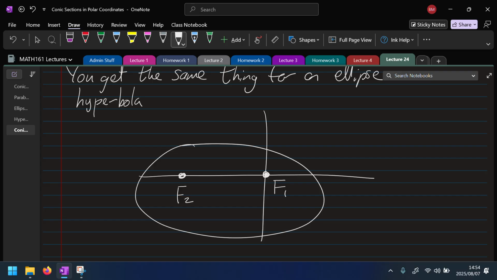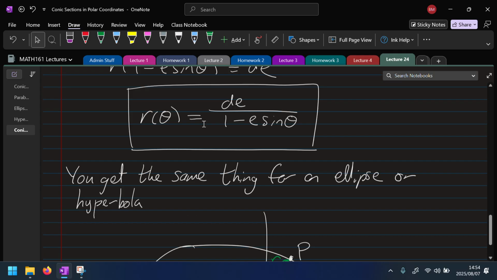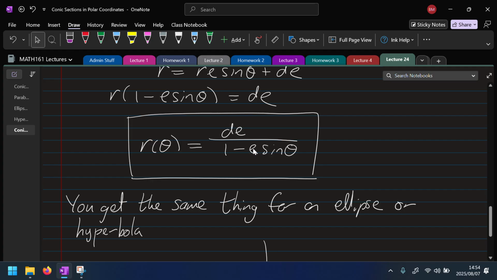What you're going to do is exactly the same thing as we did for the parabola case. Here we've got r and theta, and that's point P. So exactly the same. Do this for the ellipse, and you should end up with the same formula like this.